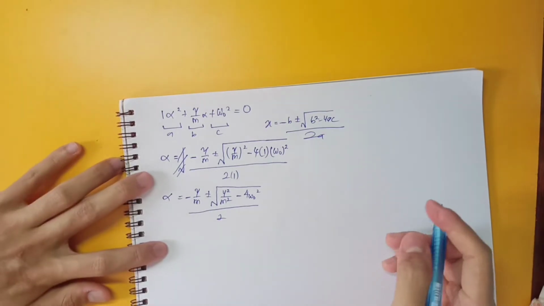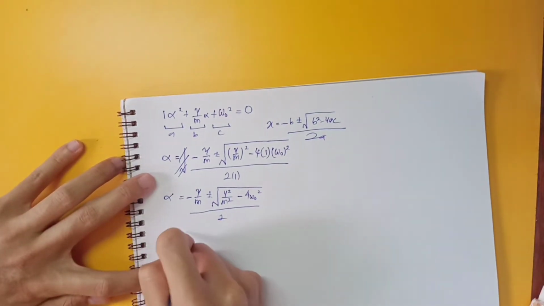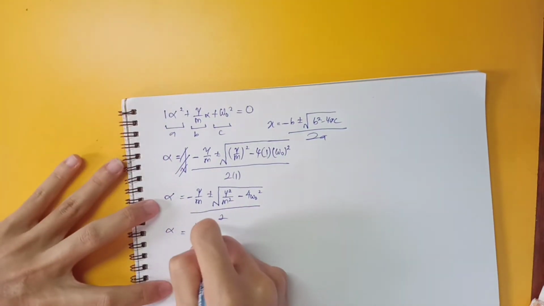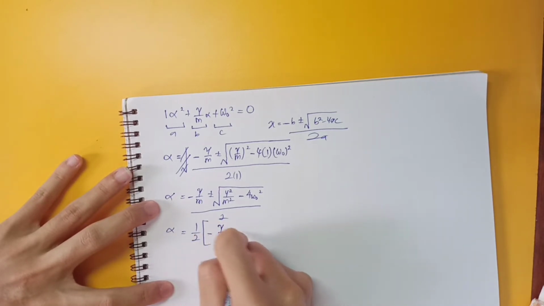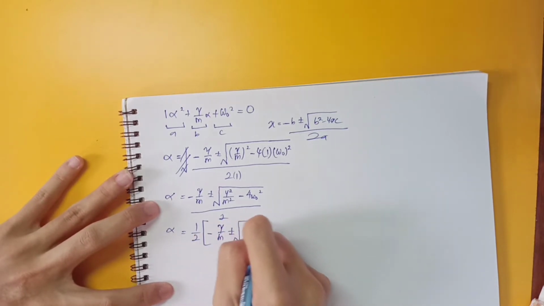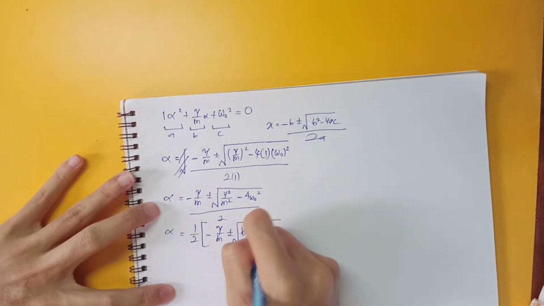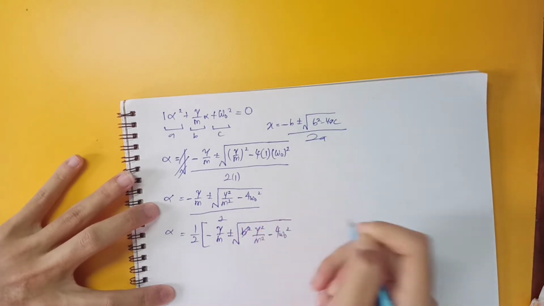Now we do an easier form, which is 1 over 2 times negative gamma over m plus minus the square root of gamma squared over m squared minus 4 omega naught squared.